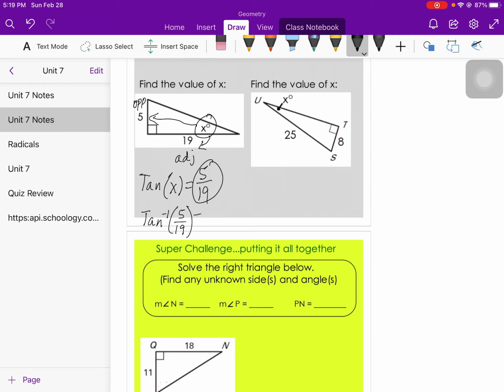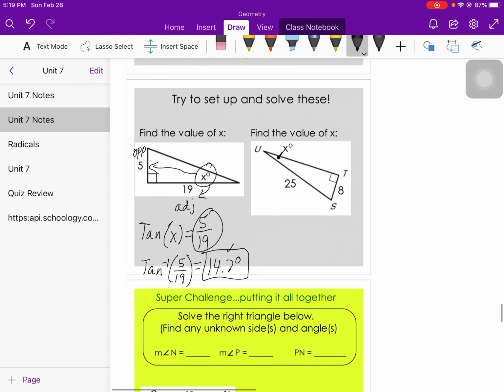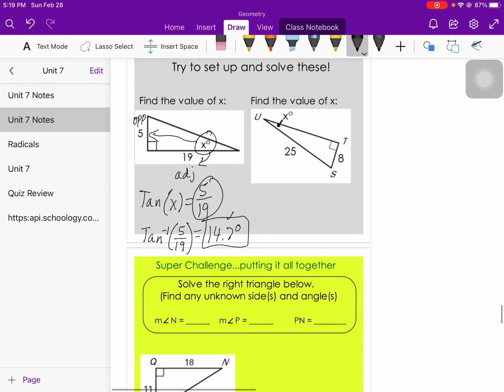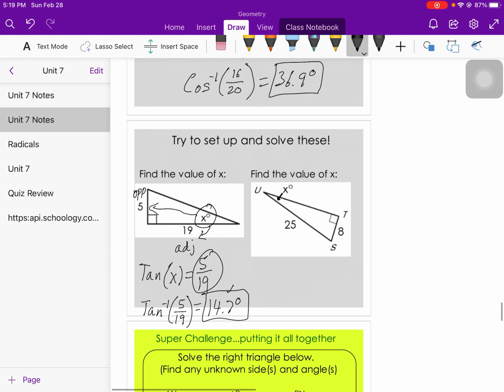Again, it should be a reasonable answer because it's within that range. And if you notice, x is the smallest angle across from the smallest side, so it makes logical sense that 14.7 should be the smallest angle. So that's how you do inverse trig ratios. Identify which of the three you're going to use, set up the fraction, type it into your calculator. I would say it's even a little bit easier than finding missing sides.